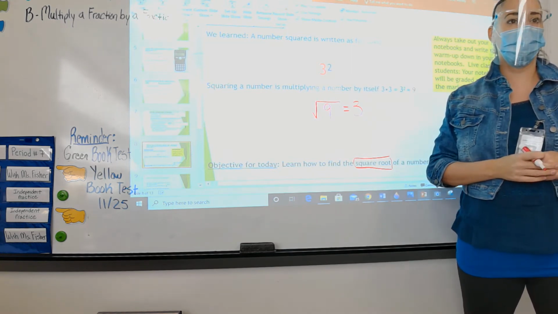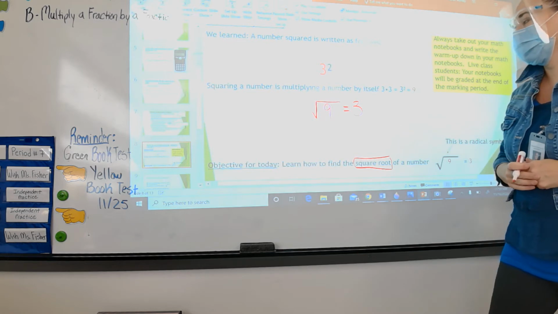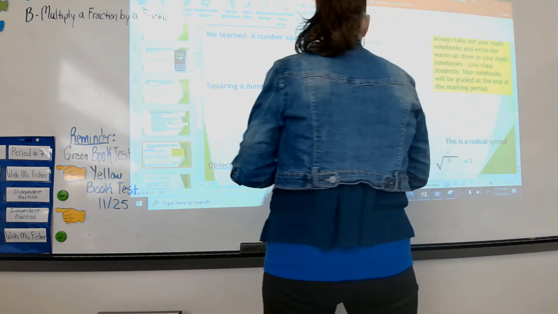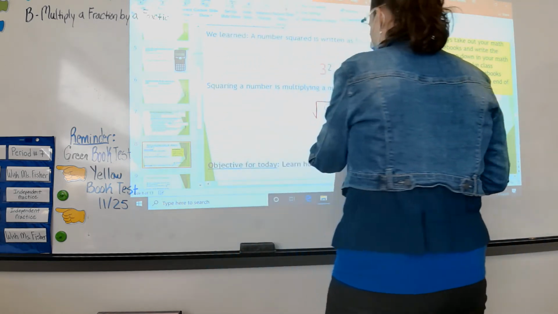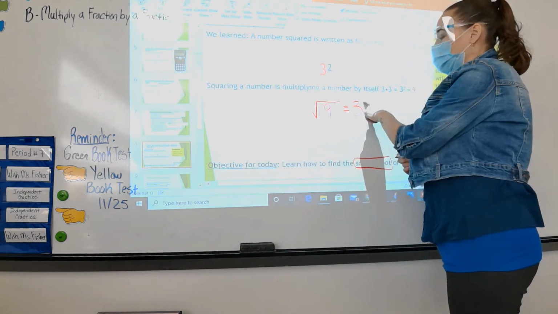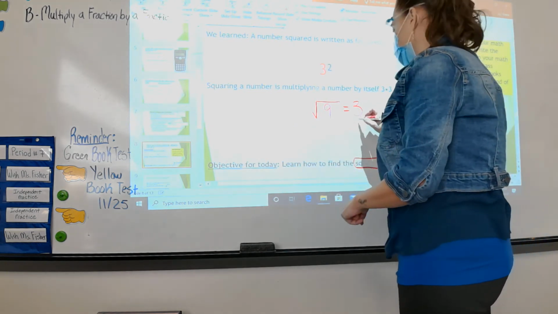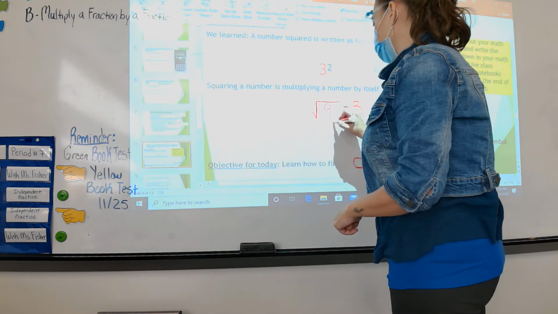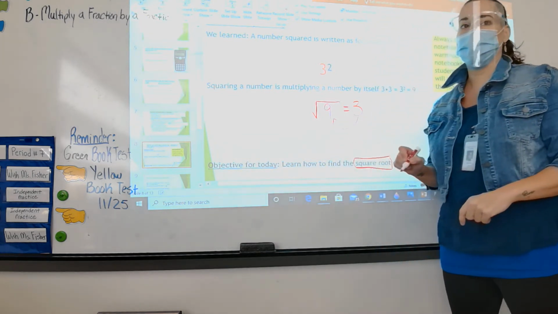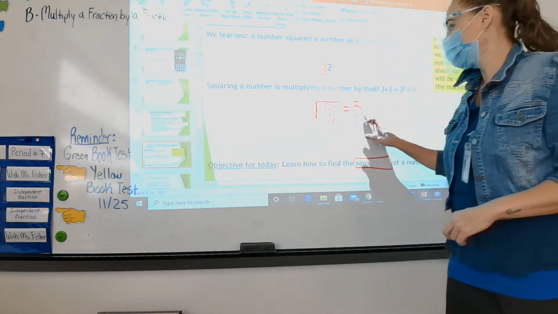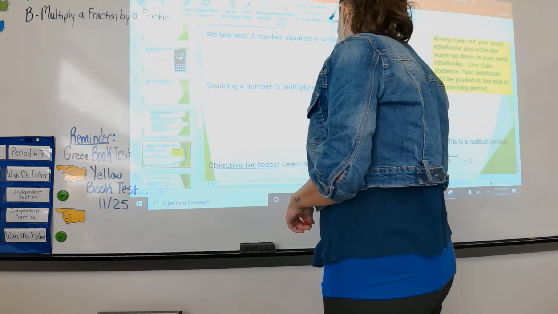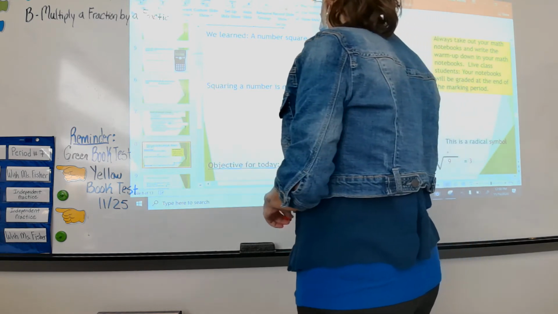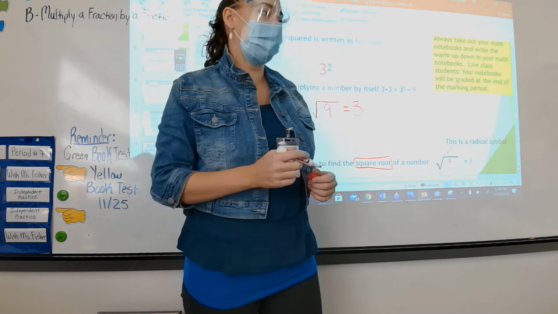Okay? This is saying two 3s will give me 9. And I'm taking the square root of 9, and that gives me 3.